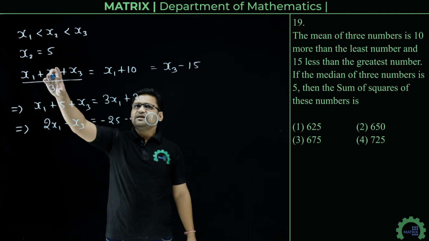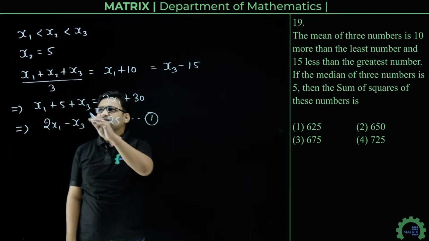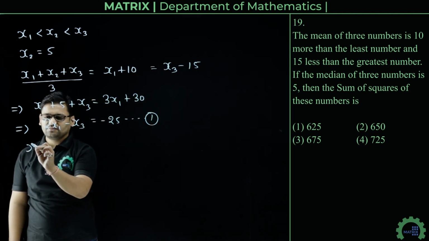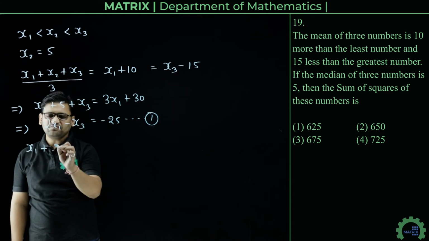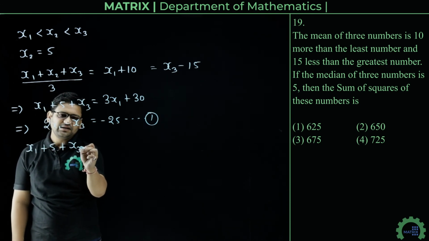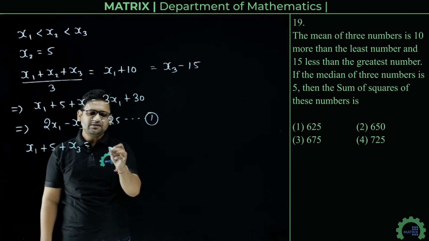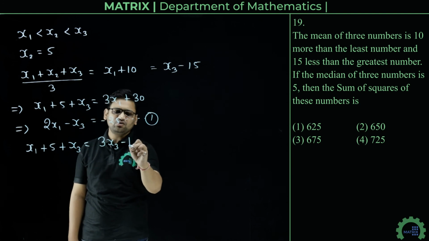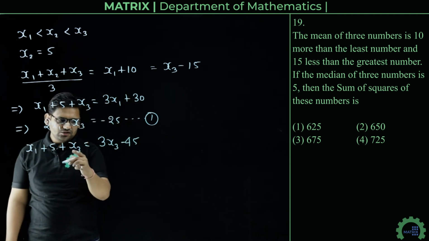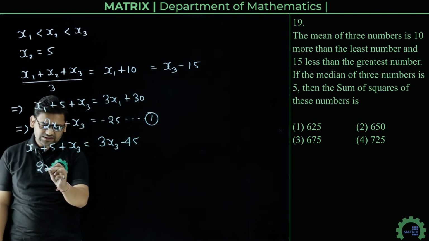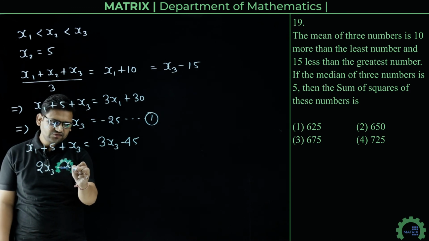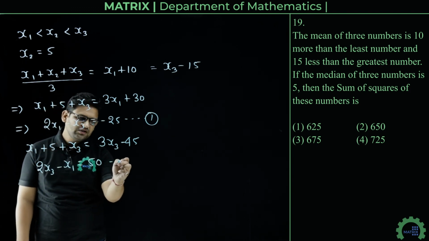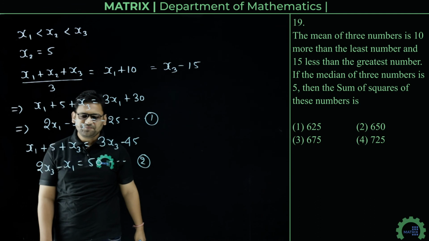And on simplifying this other part, x1 + 5, as the value of x2 is 5, + x3, will be equal to 3x3 - 45, 15 into 3, 45. Again on simplifying this, we get 2x3 - x1 = 50. So this is equation number 2.